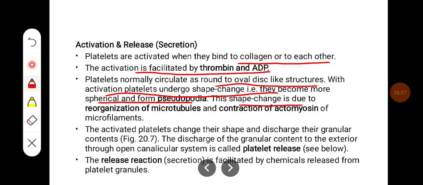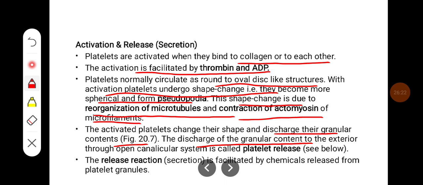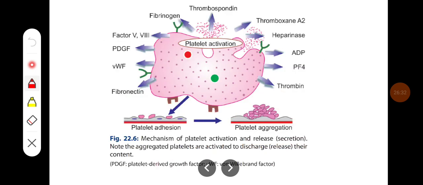This shape change is due to the reorganization of microtubules and the contraction of the actomyosin of the microfilaments. The activated platelets change their shape and discharge their granular contents. The discharge of the granular content to the exterior through the open canalicular system is called platelet release. The release reaction or secretion is facilitated by the chemicals released from the platelet granules.